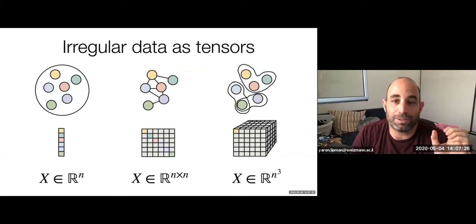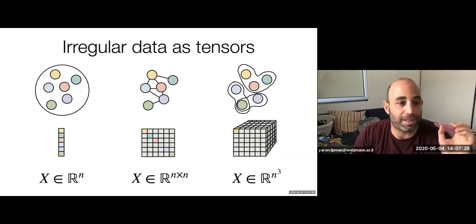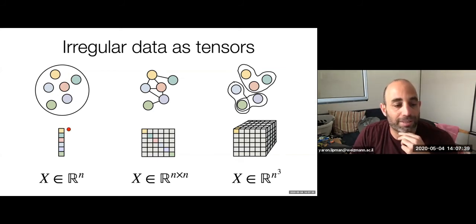So the way we're going to do it is, if we start from the left-hand side of the slide, we have a set, which is a bucket of elements, a bucket of colors, or a bucket of numbers if you want. We're going to represent it as a vector of the same length. So if you have 6 elements in the set, we're going to represent this set as a vector in R^6.